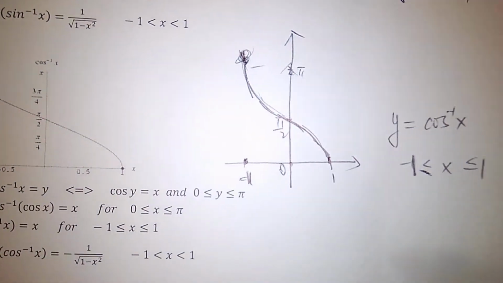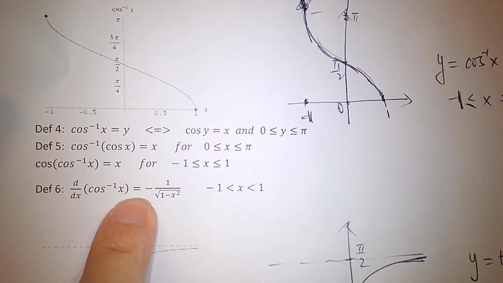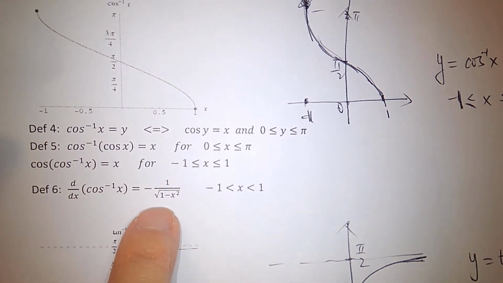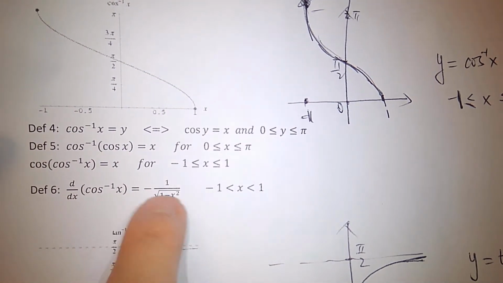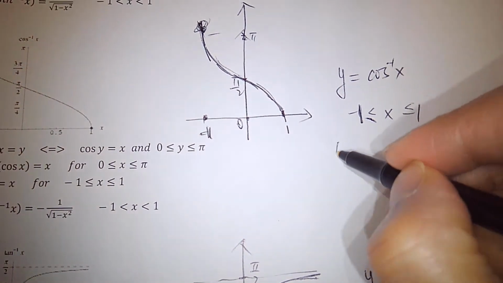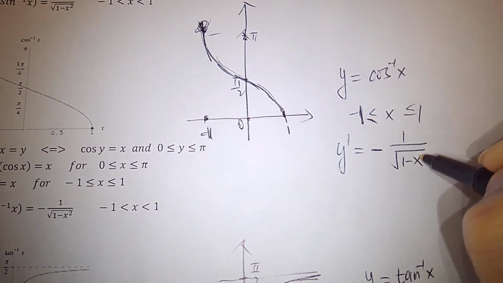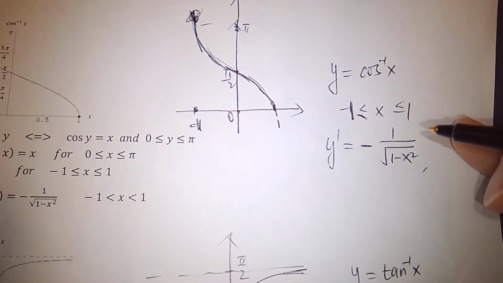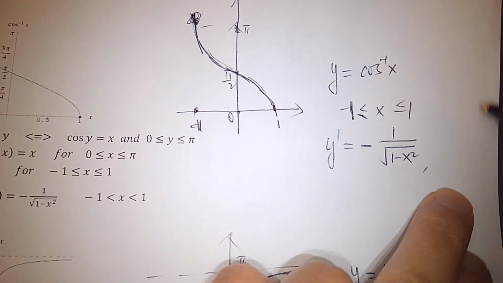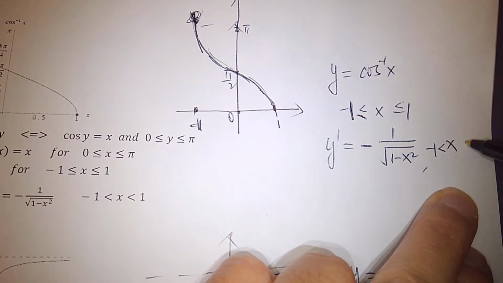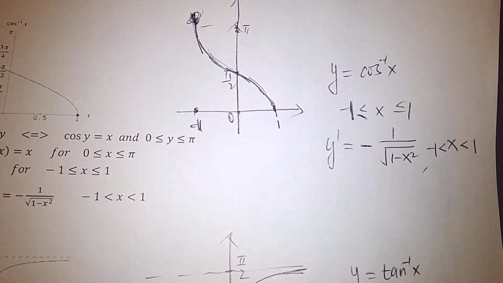And what I want you to know is this: the derivative for inverse cosine is -1 over square root of 1 minus x squared. And similarly, x cannot be -1 or 1, so x must be between -1 and 1.